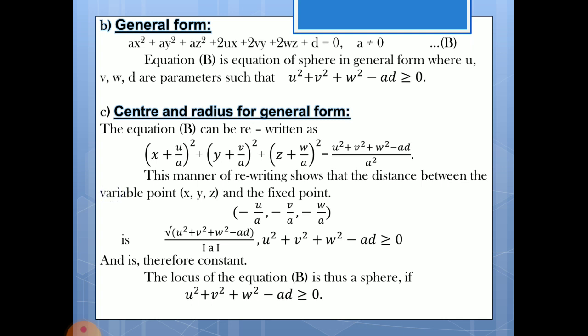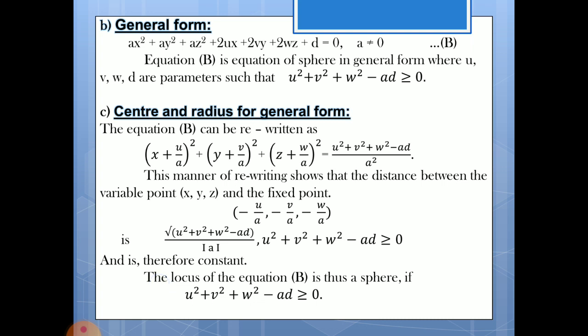After rewriting, if we compare with the center-radius form, this shows that (−u/a, −v/a, −w/a) is the center of the sphere. And the radius is the square root of u² + v² + w² − ad.